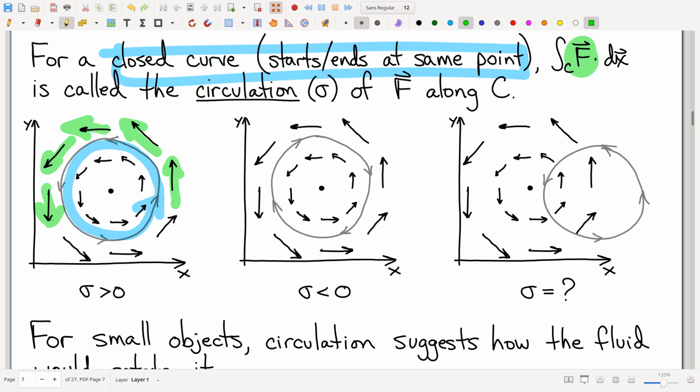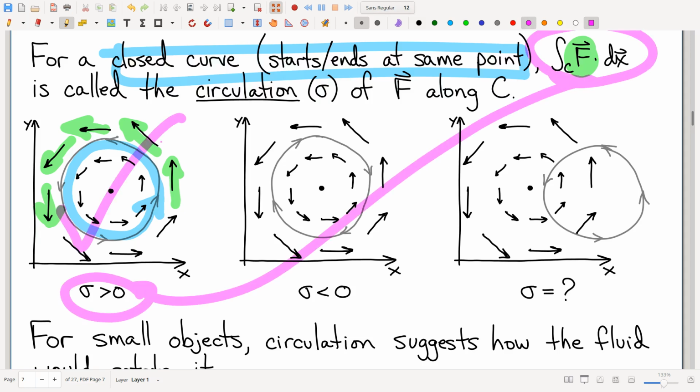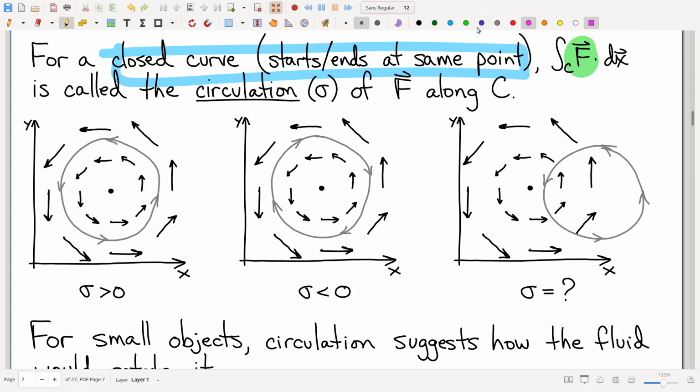Everywhere along this curve, the fluid is flowing along with the curve. So, as you'll see down here, the circulation in this case is large positive.